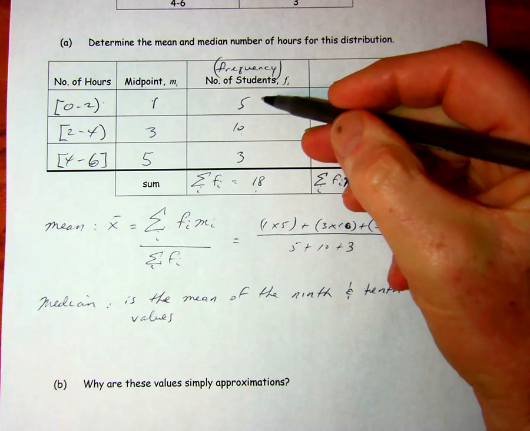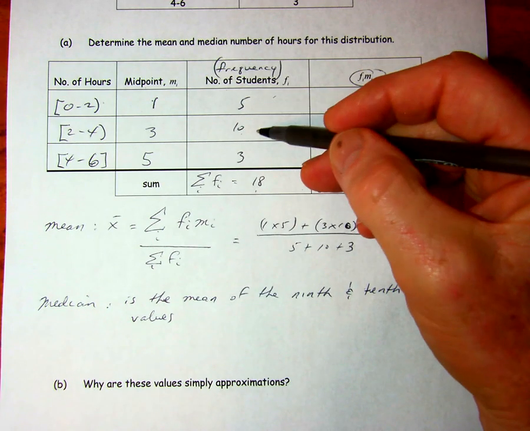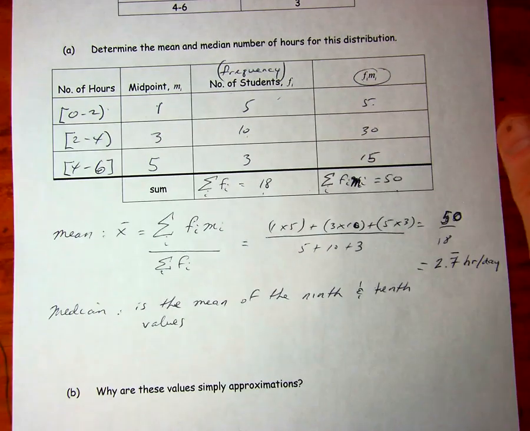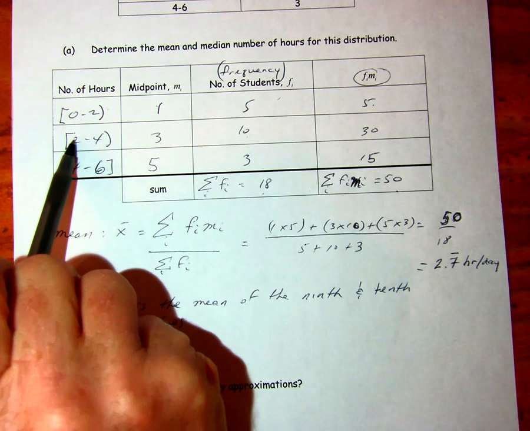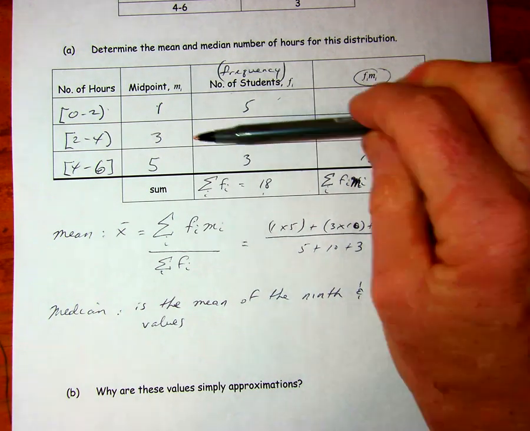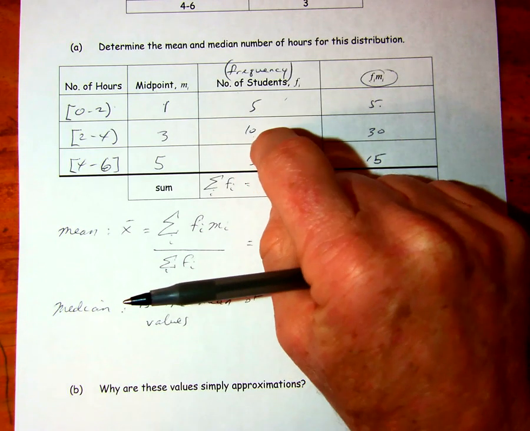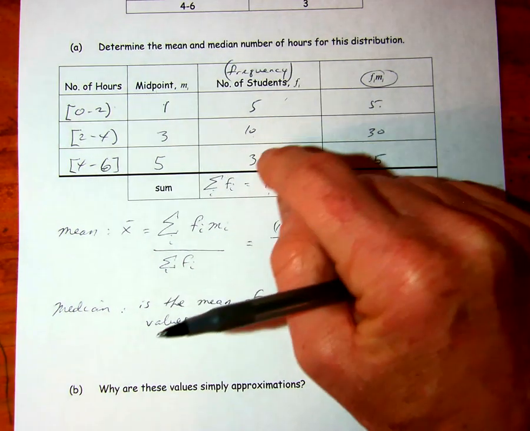So where do the values 9 and 10 come in? The first 5 are here, the next 10 are here, and the last 3 are here. So the 9th and 10th values are in which grouping? This one, or this one? It's got to be here, right? First 5 are here. This is from value number 6 to number 15, and this is from 16 to 18.